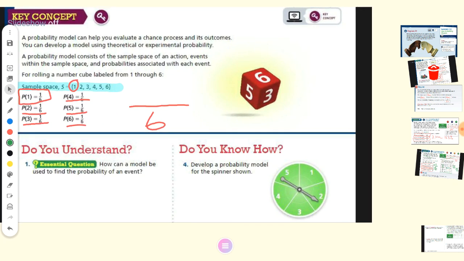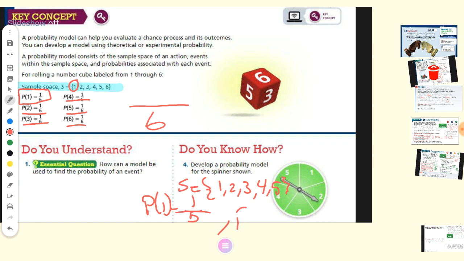Let's solve example number 4. Develop a probability model for the spinner shown. Actually, the sample space is S equals the spinner sections 1, 2, 3, 4, 5. 5 sections. Probability of 1: the denominator is 5 and 1 appears only once, so it's 1 over 5. P of 2 is 1 over 5 too, because 2 appeared only one time.